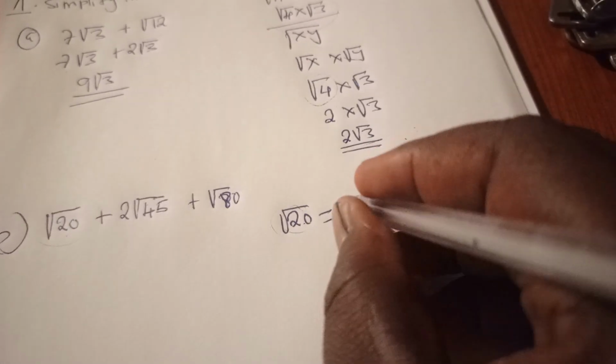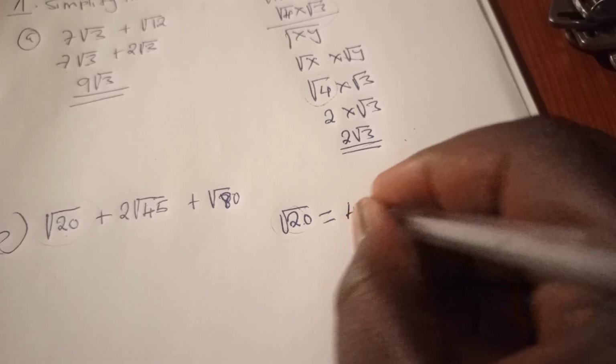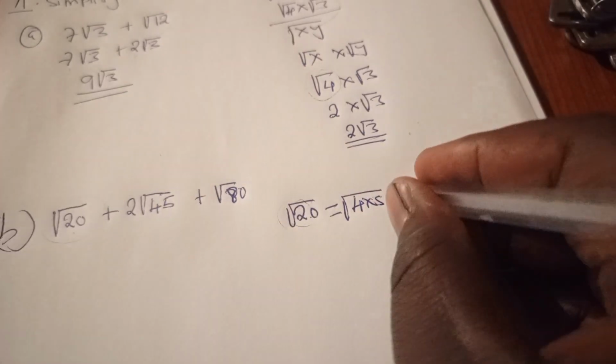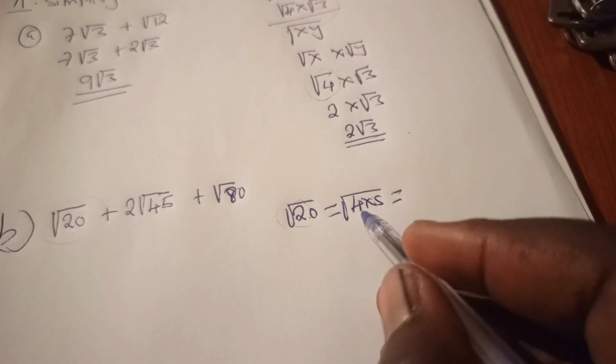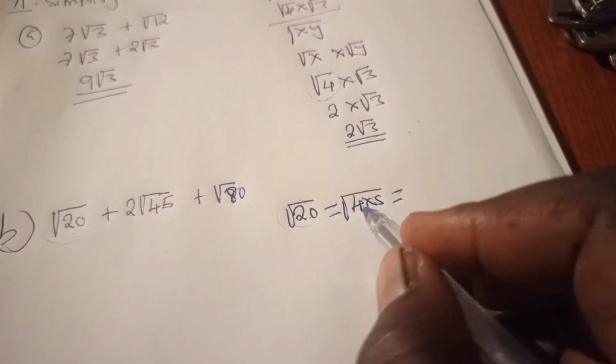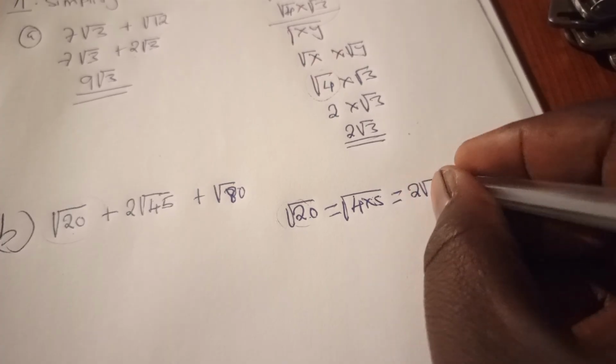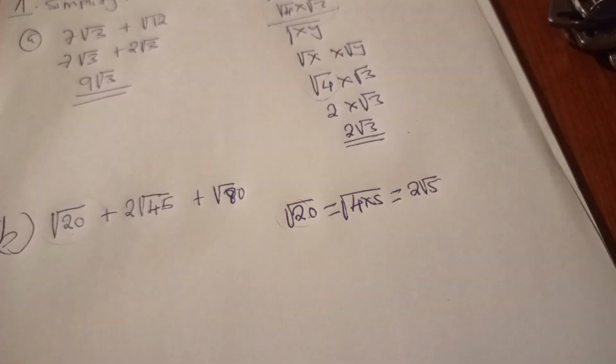I'm thinking about 4 times 5 in the same square root, which will give me 20 here. Since 4 has a perfect square, and the square root of 4 is 2, it means 2, then 5 will remain in the square root because it has no square root.